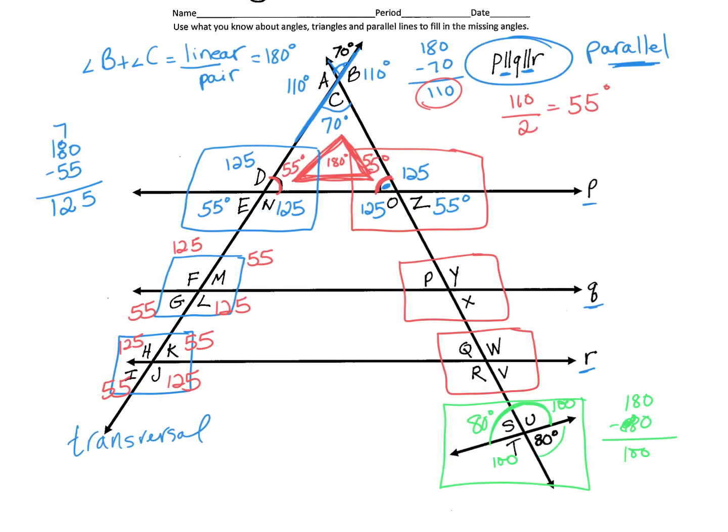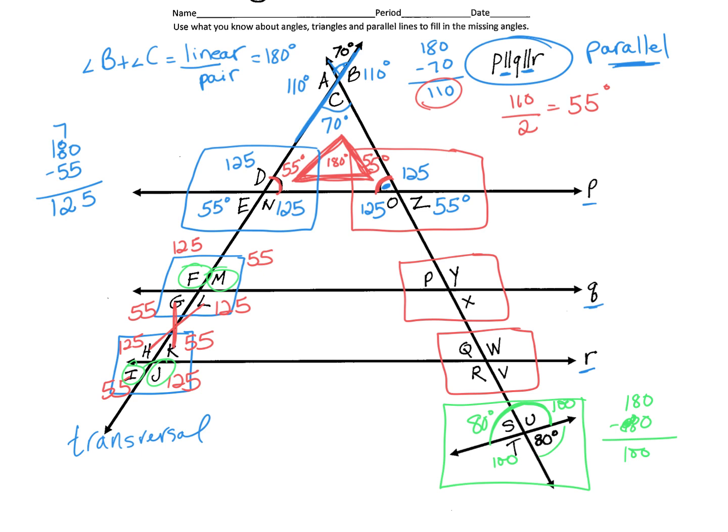With our numbers, you'll notice F and J, M and I, those pairs have the same angle measure. You'll notice G and K, L and H, those are also the same angle measure.